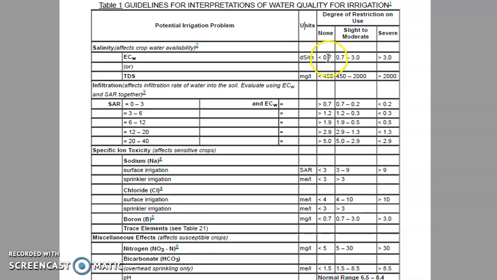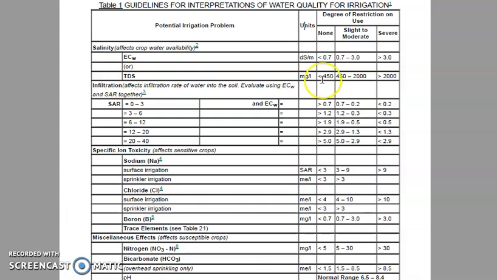If you multiply this by 640, you will get 448, which is approximately equal to 450 milligrams. Then you will get the concentration in milligrams per liter.